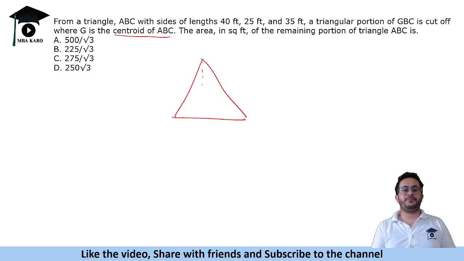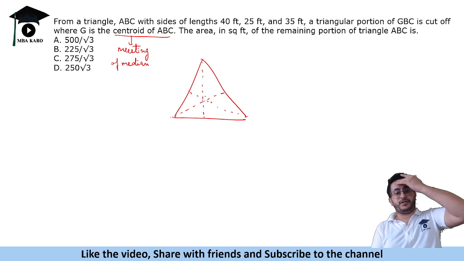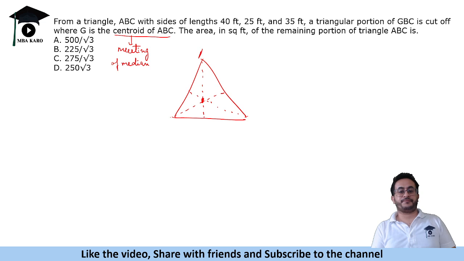So when we draw the medians, okay, the medians meet at the centroid. Centroid is the meeting point of medians. And what are medians? Median is the line connecting a vertex to the midpoint of the opposite side. Now when you have the centroid, there are two properties.